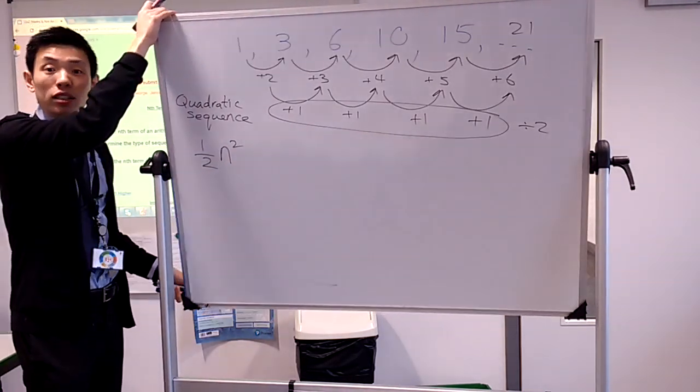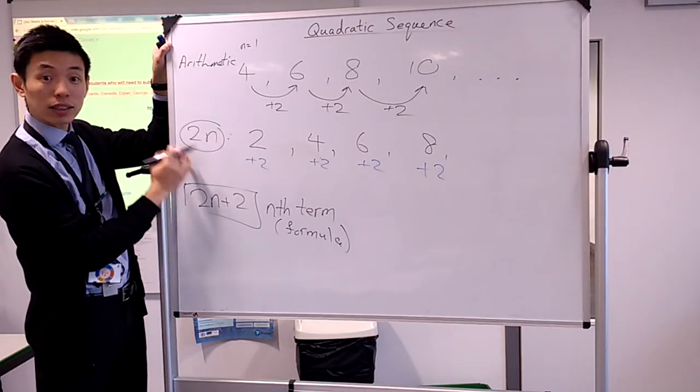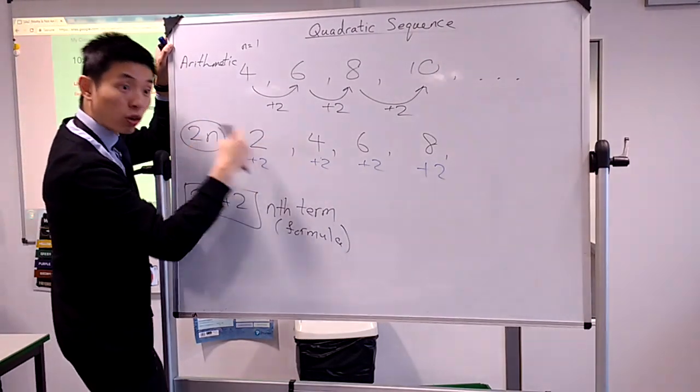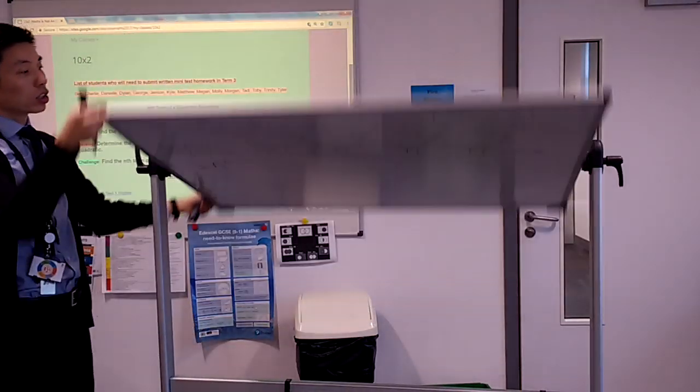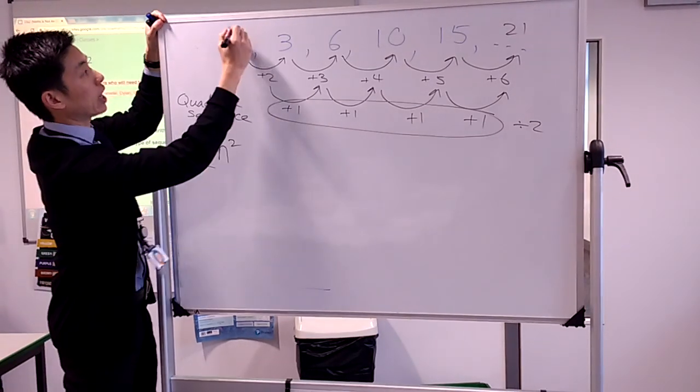Then do it the same as we did earlier on. Take that and create a new sequence. So this is n equal to 1.